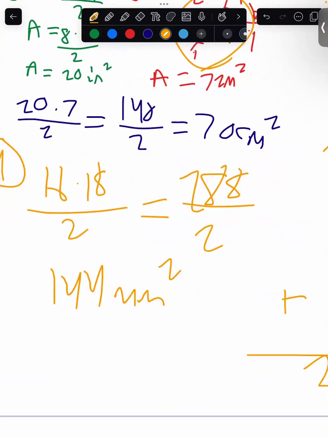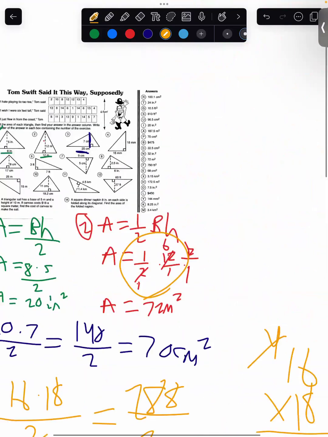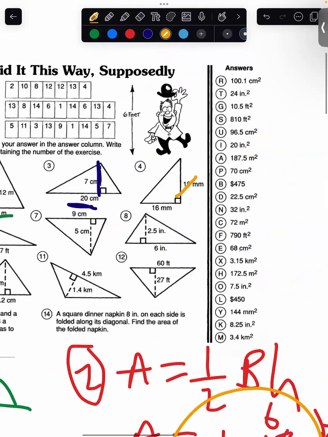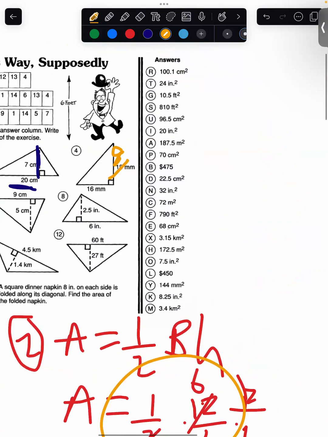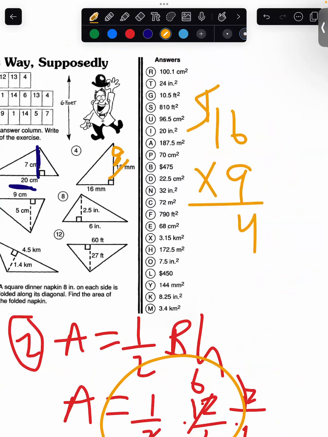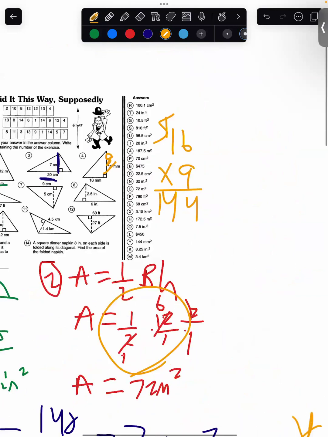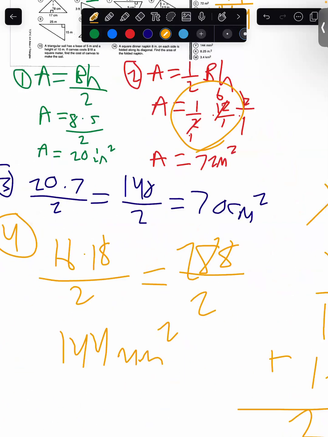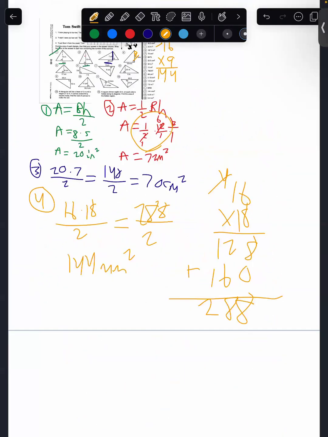What I wanted you to see is if I went ahead and divided one of those numbers by 2, since it's a triangle, then I did 16 times 9, 16 times 9 is 144. So if you just do that to one number, that works too.